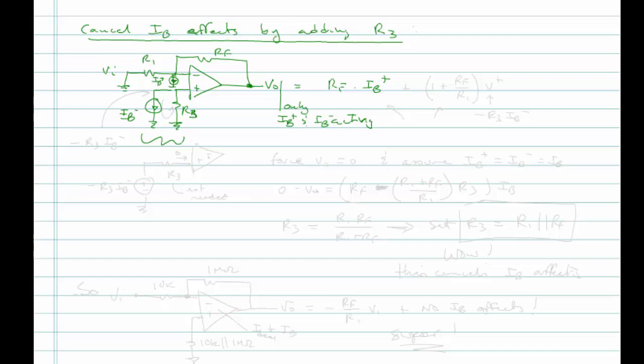So this could be replaced. I could do a source transformation. Well, two things I could do. I could, one, just say the voltage right here is going to be minus R3 IB minus, right? That's simply solved by considering that IB minus flows through R3 and generates a voltage across it, and the polarity turns out to be negative.